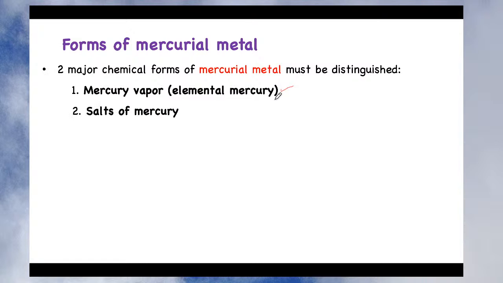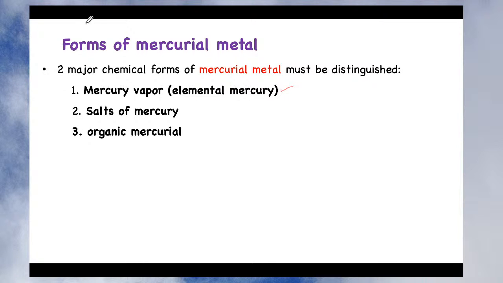Second could be the salt of mercury. The salt of mercury is specifically present in liquid form, and if you consume anything contaminated with the salt of mercury, then you may also suffer from mercury poisoning. And the last form, the third form, is organic mercurial. So there are three forms of mercury, and based on which form you are exposed to, it may produce different types of symptoms.